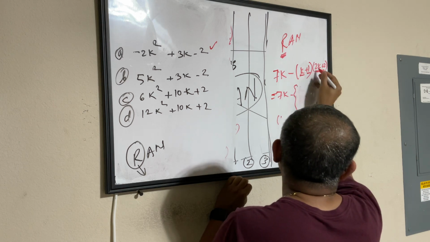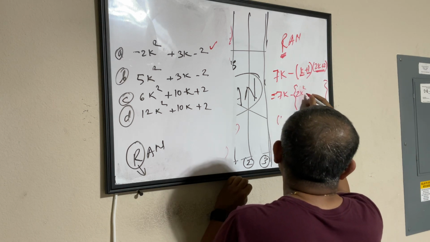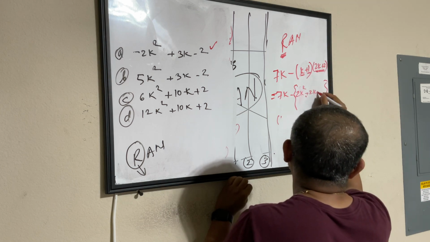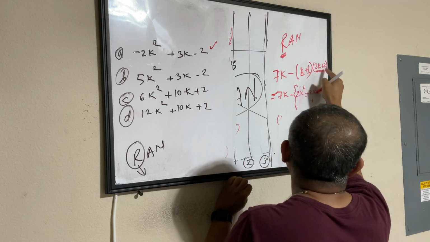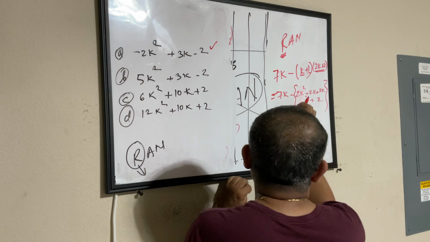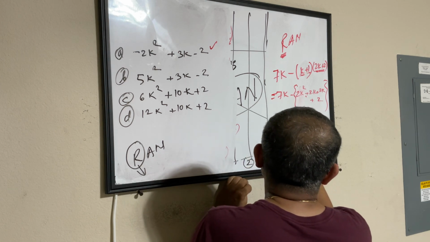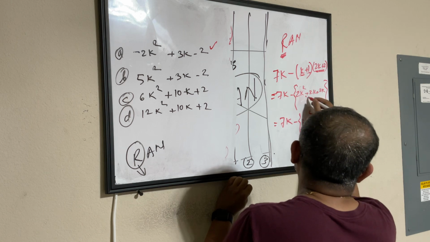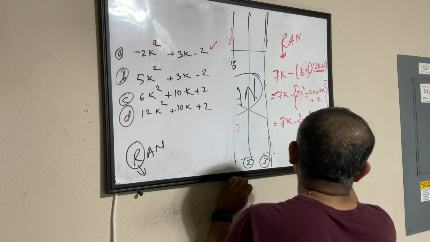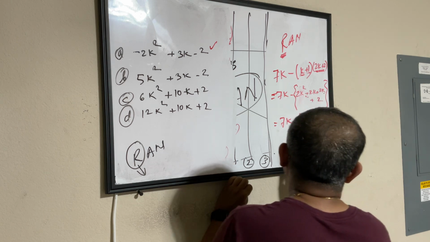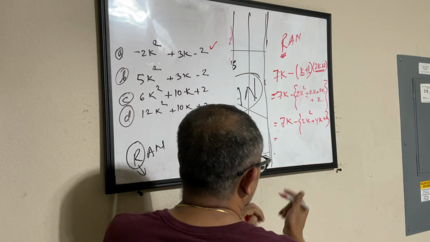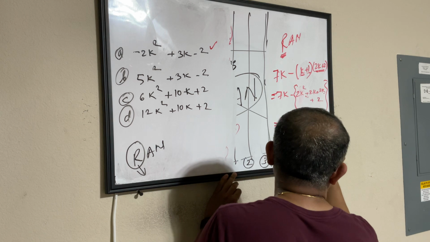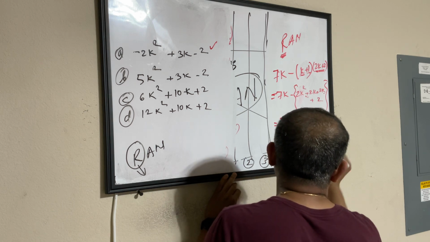So this becomes k into 2k squared plus k into 2, plus 1 into 2k is 2k, plus 1 into 2 is 2. That became 7k minus (2k squared plus 2k plus 2k plus 2), which is 2k squared plus 4k plus 2. When I break this bracket open, it becomes 7k minus 2k squared minus 4k minus 2.